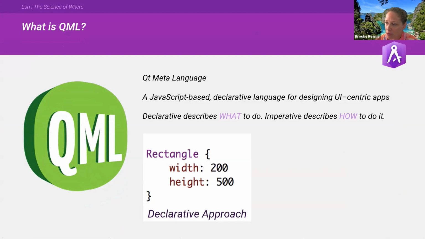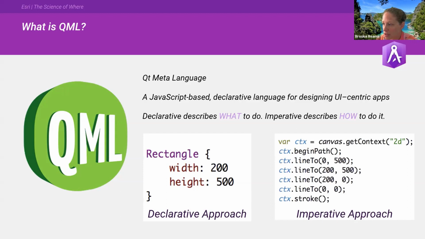In this sample, we're creating a rectangle and setting it to 200 pixels wide by 500 pixels high. If you compare that to an imperative approach, you'll see that it takes a lot more code to do the same thing. We're basically defining the length of every line that makes up this rectangle that's 200 by 500 pixels, and then calling the stroke method to actually draw the rectangle.